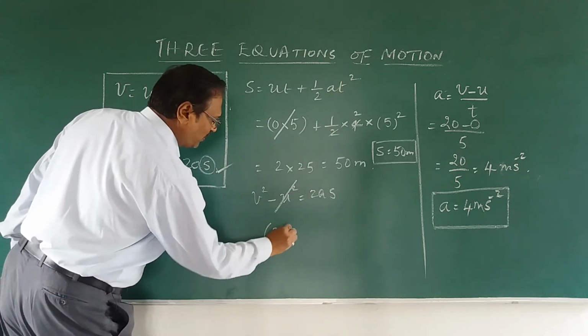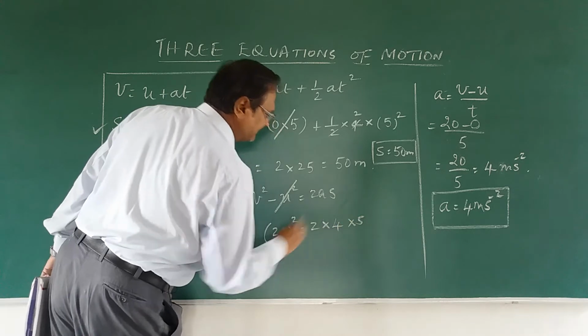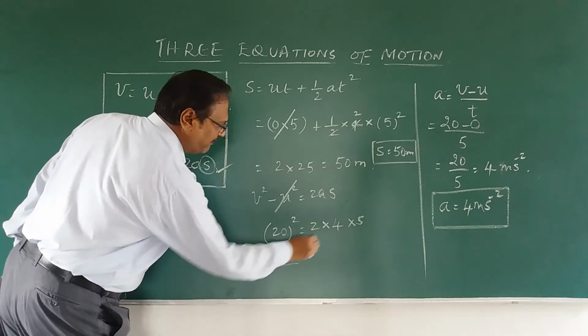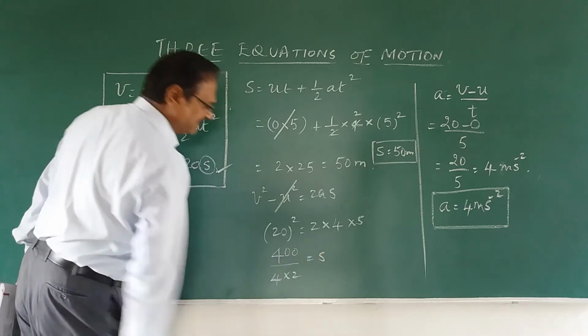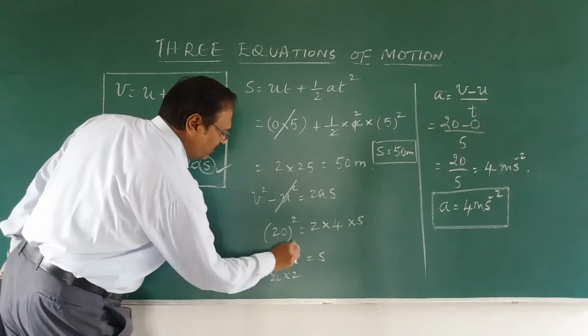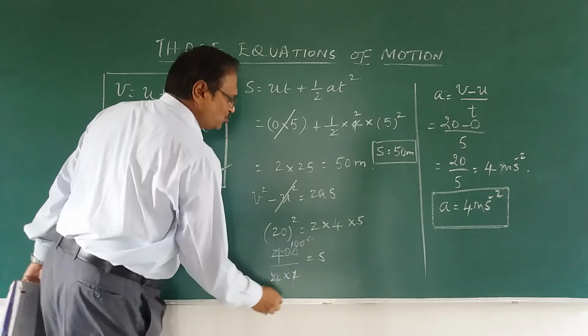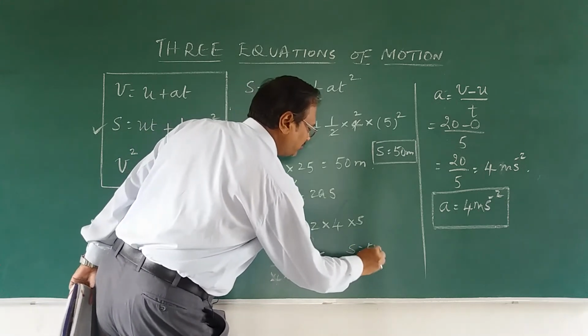So 20 square is equal to 2 into 4 into s. 20 square is nothing but 400, divided by 4 into 2, is equal to s. 400 divided by 4 is 100, 2 into 100... 400 divided by 8 is 50. So s is equal to 50 meter.